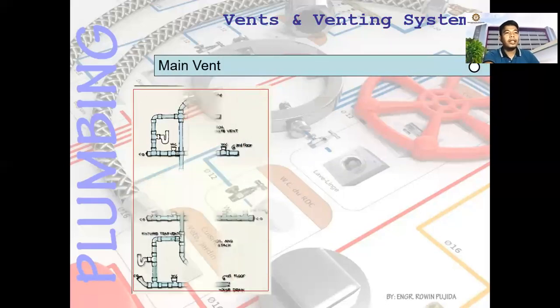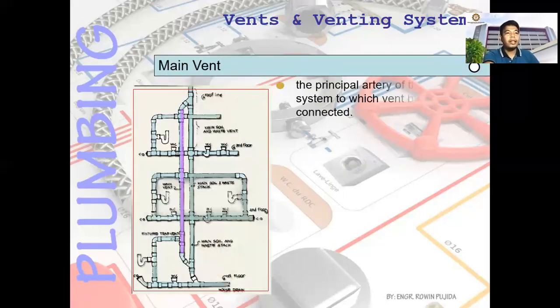Next, we have the main vent. So this one, this is the main vent. Okay. So the principal artery of the venting system to which vent branches are connected. So since this is the vent for this fixture, you connect that to the main vent, and for another fixture, connect that to the main vent. So this is called the main vent.